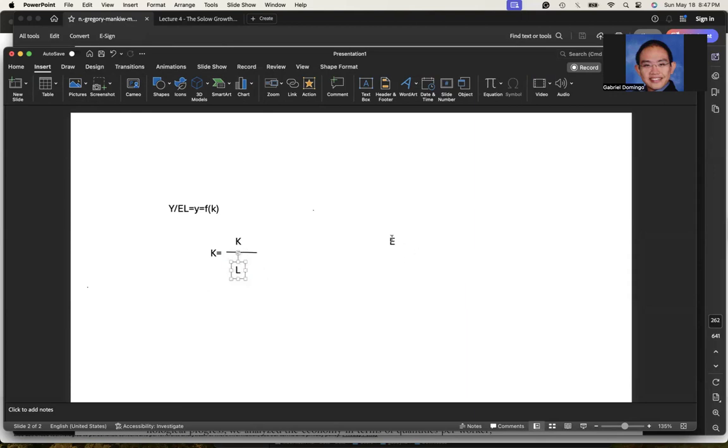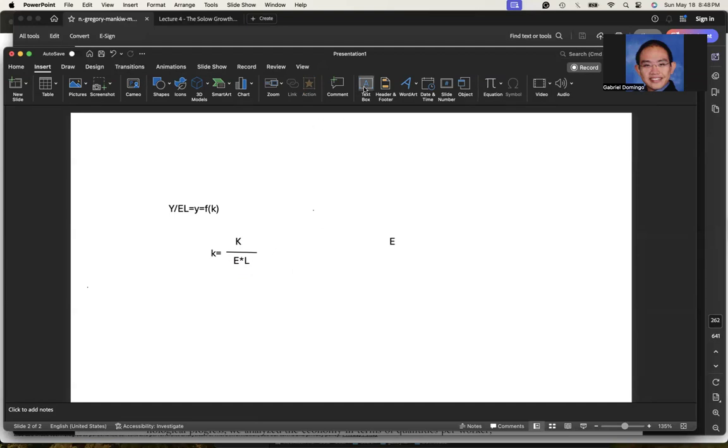Your L is below, and then your E. Just going to add an E here, E times L. And this has to be small k, of course. There you go. So now your small k is this ratio between K and E times L. That is the thing that has changed in the full specification of the Solow model.